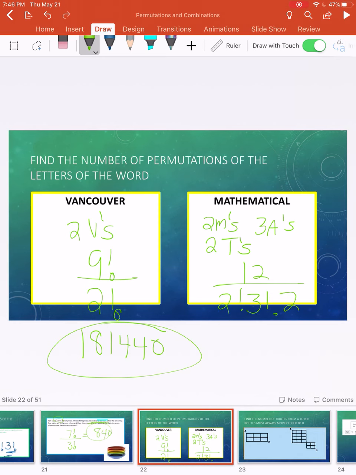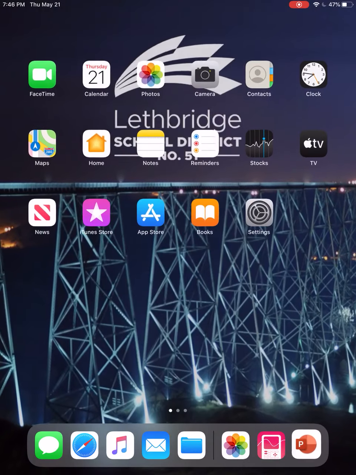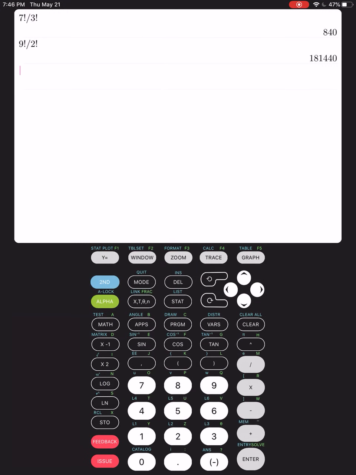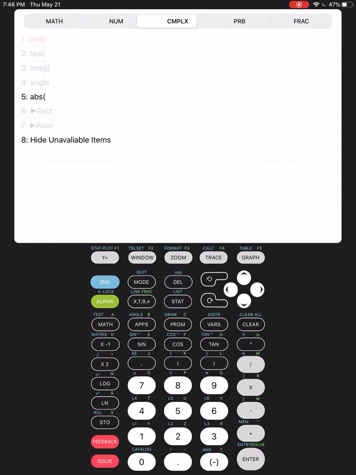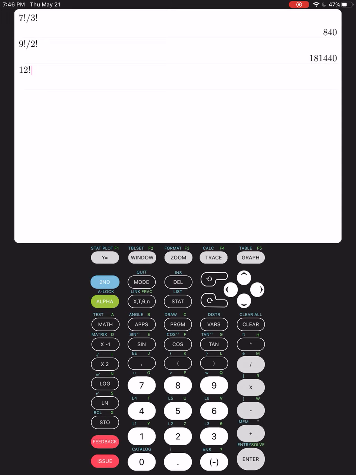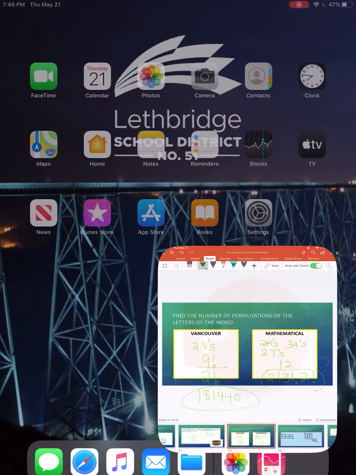So when we type this one in our calculator, we need to make sure that we put the denominator in brackets or we will end up with the incorrect answer. So we're going to type 12 factorial divided by bracket, what was it, 3, 2, and 2?